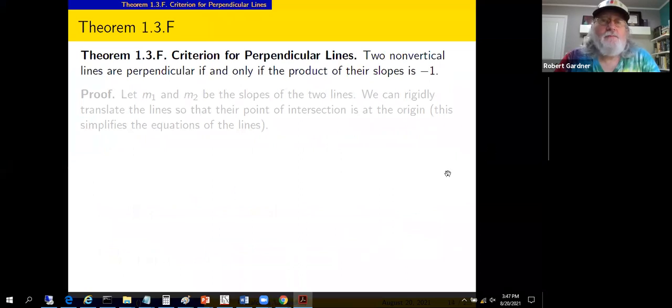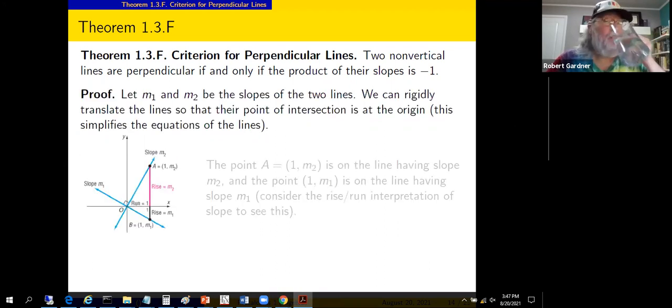It's based on the Pythagorean theorem. So we have to draw a picture, we have to get a right angle in this. First, let m1 and m2 be the slopes of the two lines, as suggested by that note.